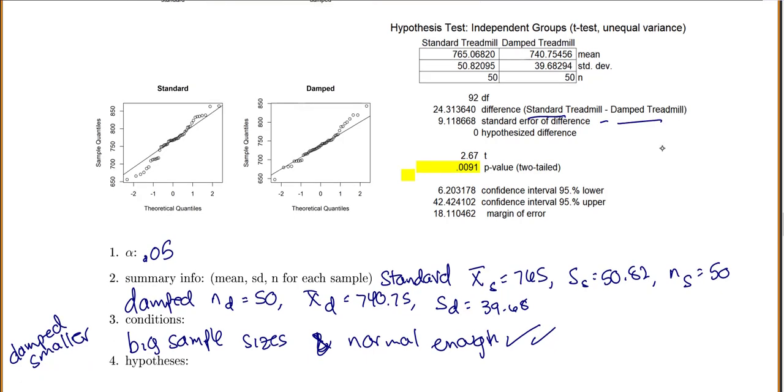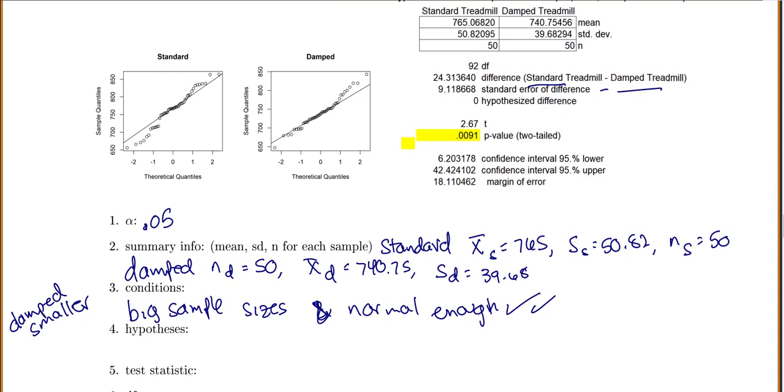If damped is supposed to be smaller and standard is supposed to be big, then we have big minus small, or I guess we don't have to do that, sorry.